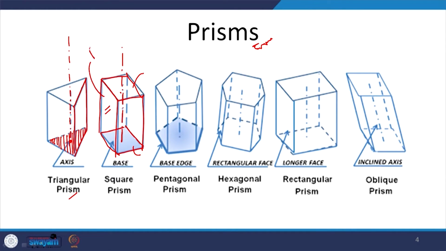So what we have here is a face, a base, and an axis. This is what we have for a prism.